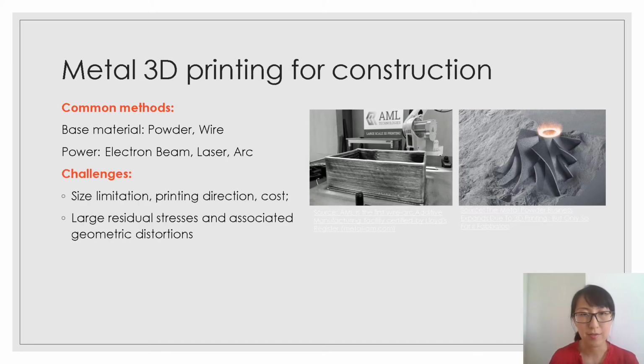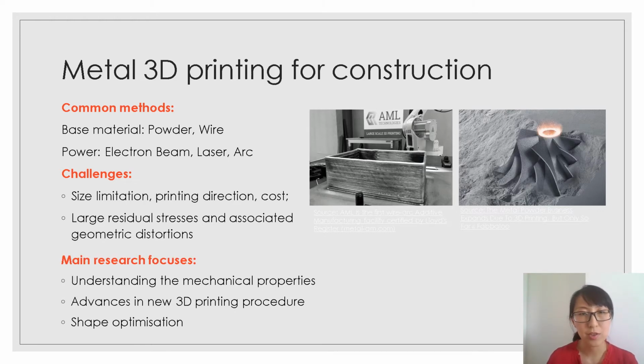All of these are associated with different limitations, such as size limitation and printing direction, because most printing methods cannot do overhangs, and obviously also the cost. Welding is a very expensive procedure for building the large structures used in civil engineering construction. Quality is also an issue, as welded structures normally have large residual stresses and associated geometric distortions.